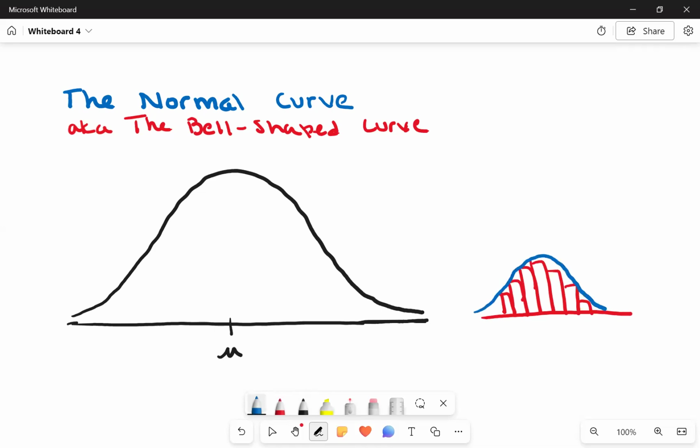Okay, so some notable things about the bell-shaped curve is that it is symmetrical. The idea is that the mean is supposed to split the curve in half, and it is supposed to be a mirror image on either side, even though I can't quite draw it that way. Some famous examples of the bell-shaped curve are IQs.